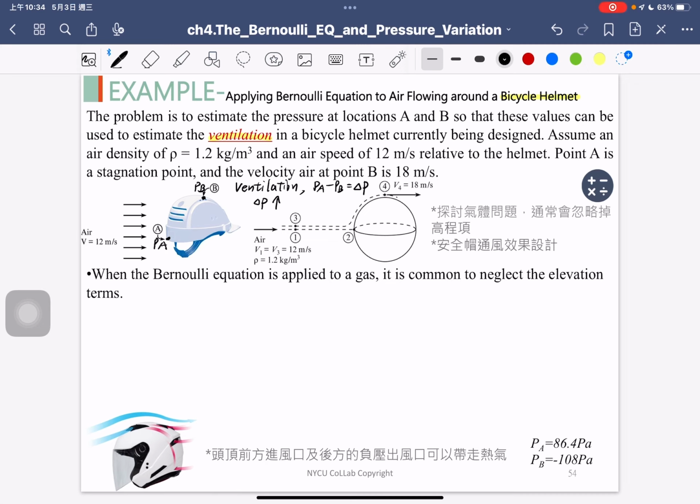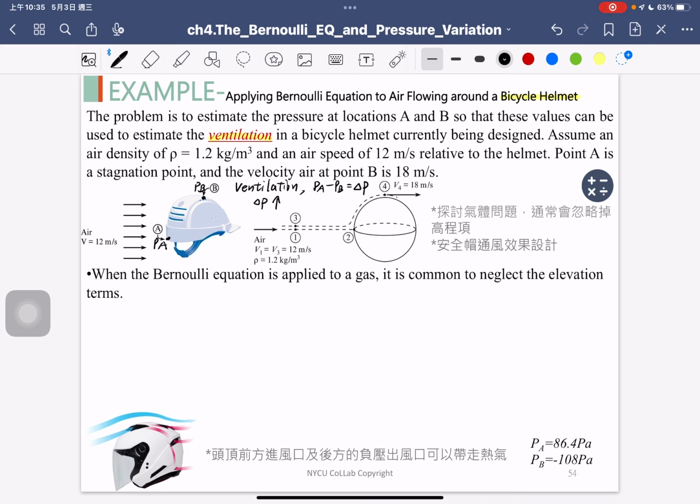If delta P is not large enough, we will say the helmet is not good for us. So it depends on the price. If you look at a helmet, there are some descriptions, and you can double check the ventilation ability of your helmet. Okay, so that's the key knowledge.